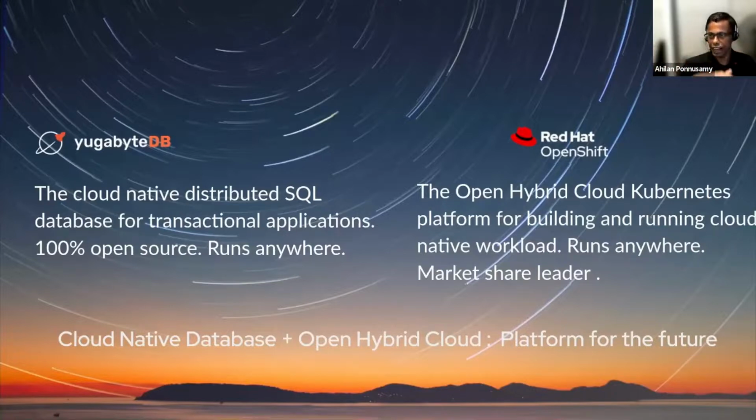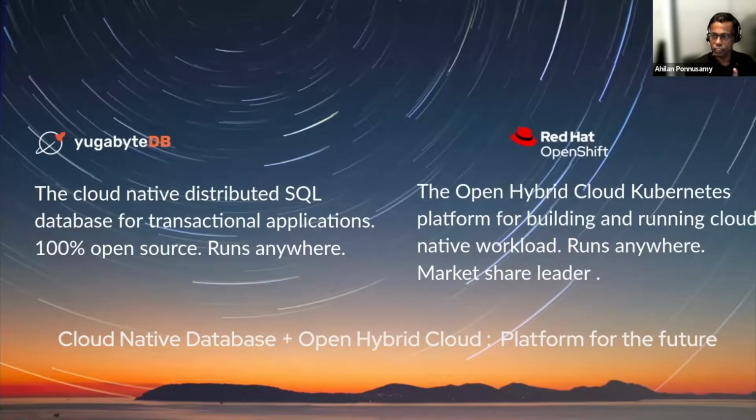That is the different landing zones, different application distributions, so on and so forth. Extending that capability to the distributed open source based cloud native database ecosystem that Yugabyte provides will actually help our customers and enterprises build the platform for the future.